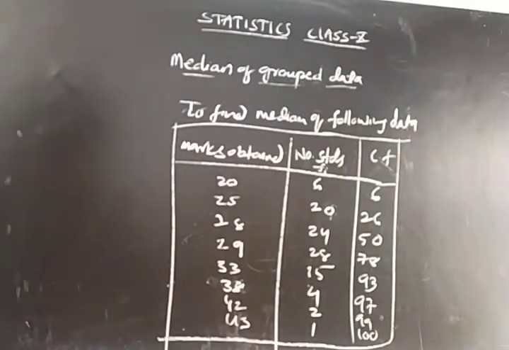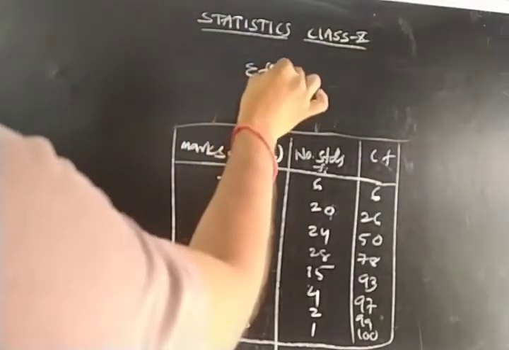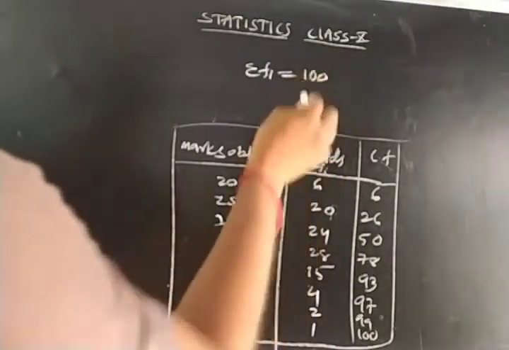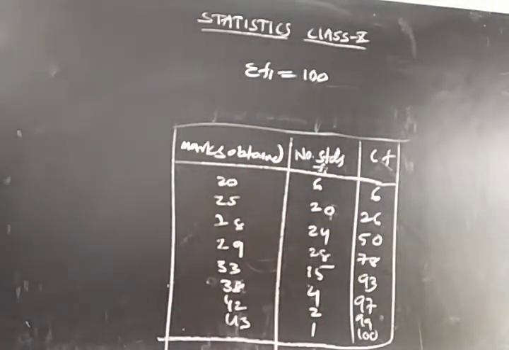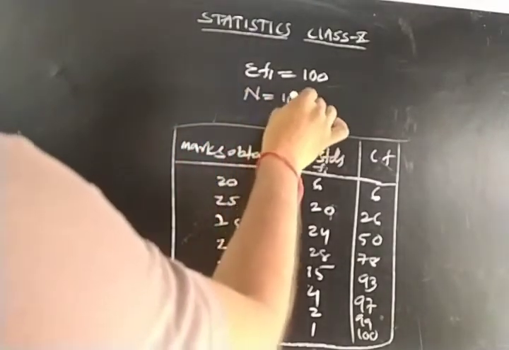After getting the cumulative frequency column, we should find the summation of Fi, the sum of the frequency column. So summation Fi here is 100, which can be considered as capital N equal to 100.